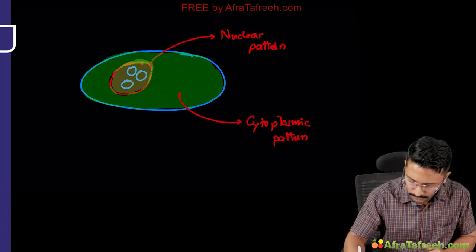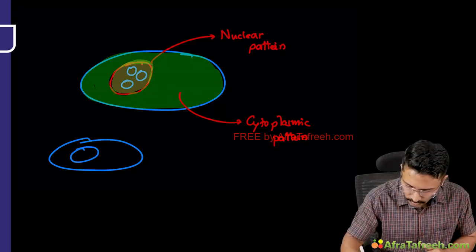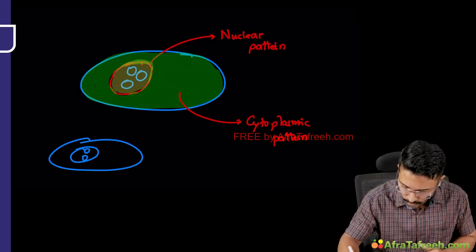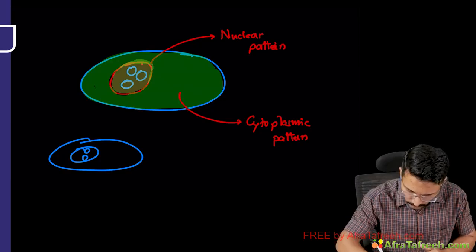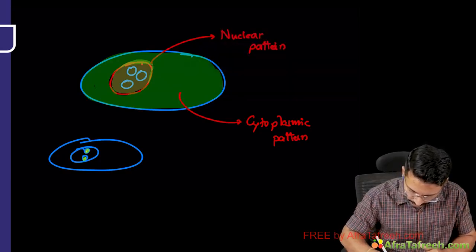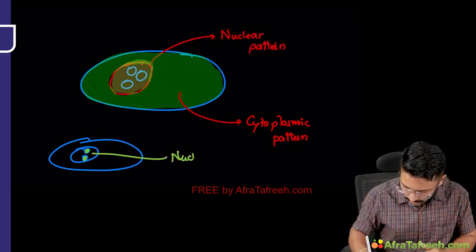Sometimes you can have a situation where in the cell, the immunofluorescent activity is only coming from the nucleoli. So nucleoli are the ones which are showing the immunofluorescent activity. In such cases, we will call it as nucleolar pattern.